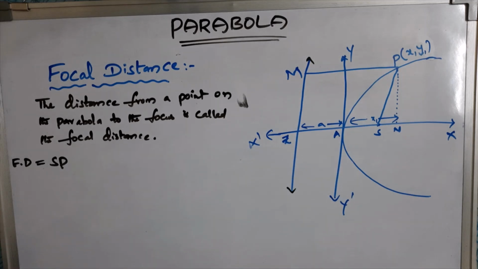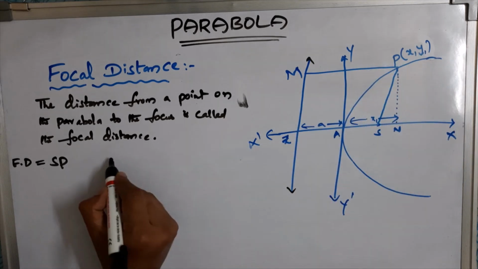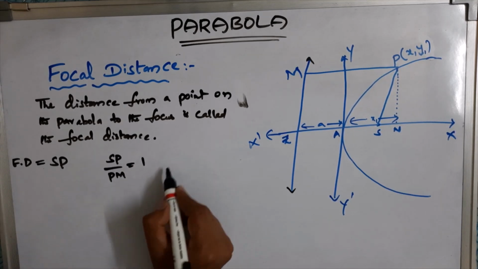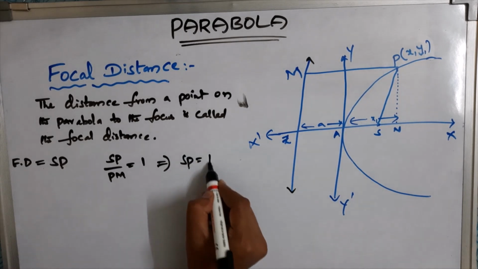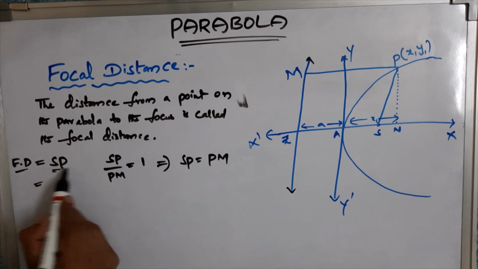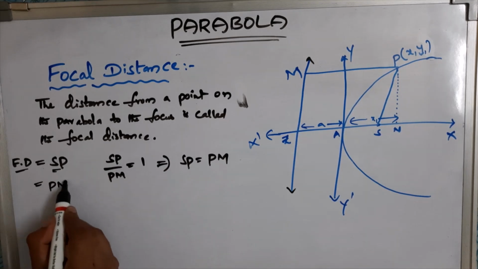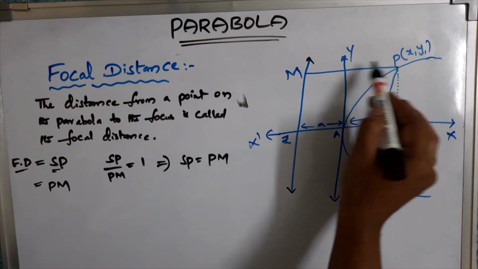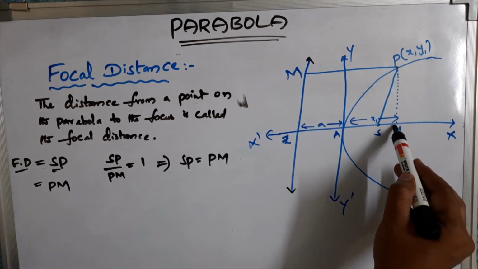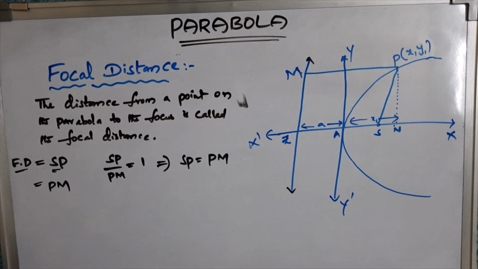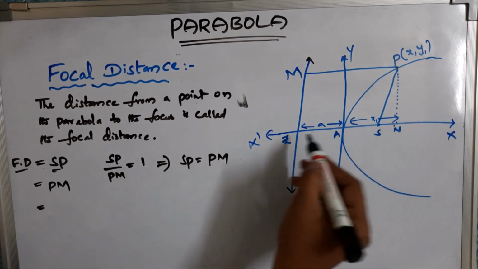Because for a parabola, we already know SP by PM is equal to 1. So SP is equal to PM. So we can write the focal distance SP as PM. Now the distance between P and M is equal to NZ, because they are parallel lines, so in place of PM I can write NZ.